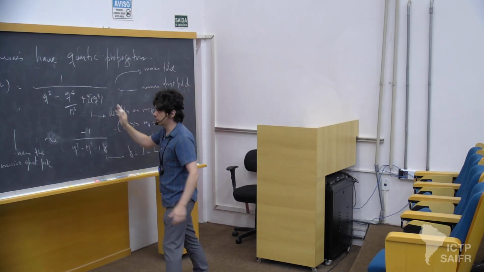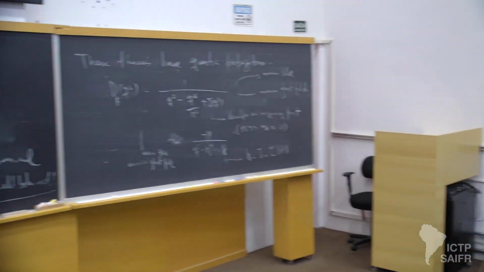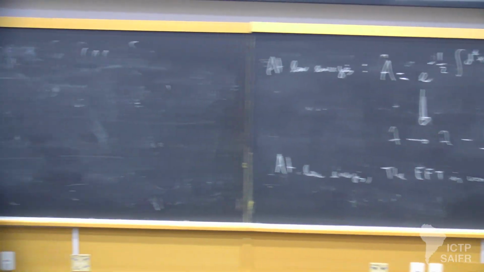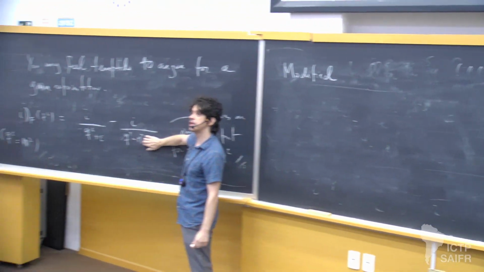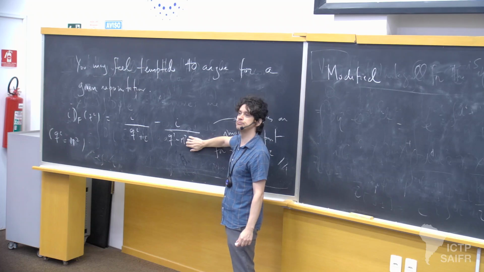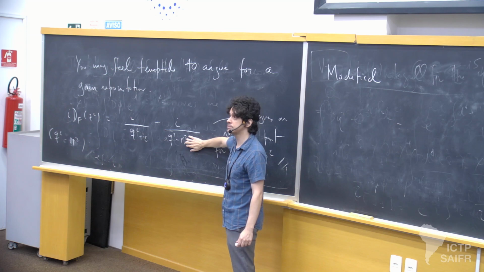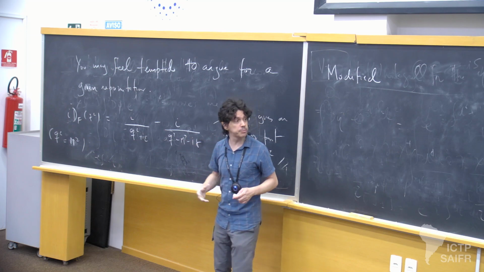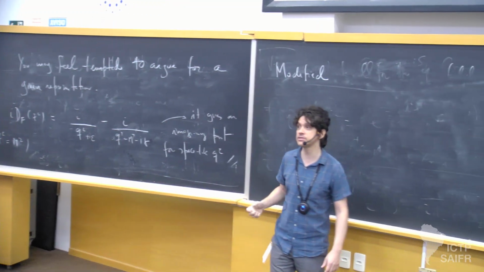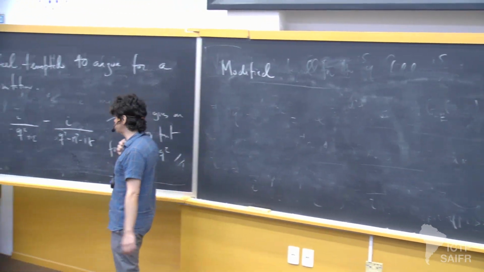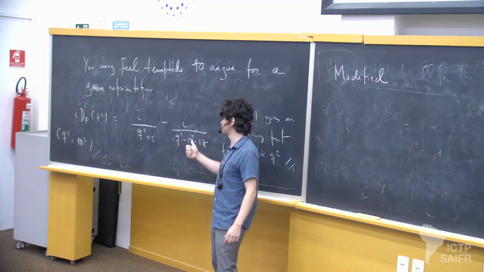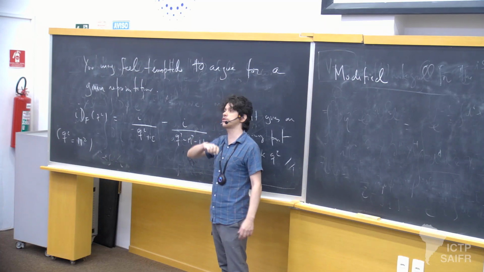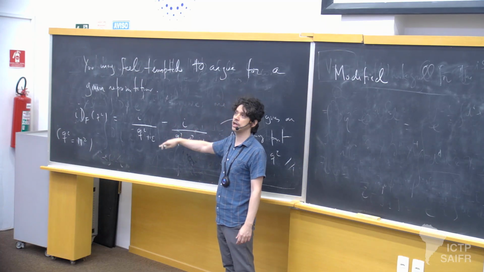Then you can just do partial fractions, and you will find this term without the width, right? And then you can argue, okay, since this guy has quantum corrections, and this mass is much bigger than all other masses, the quantum corrections will give an imaginary part. To whom? To this guy. So let's just put in a width and be happy with what we have in hand.